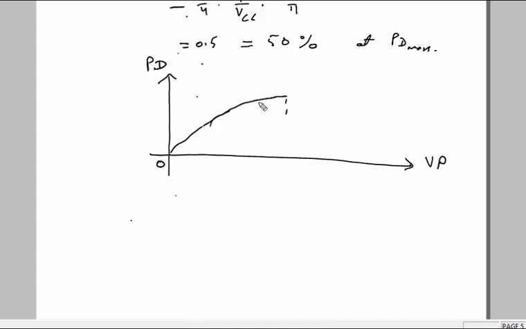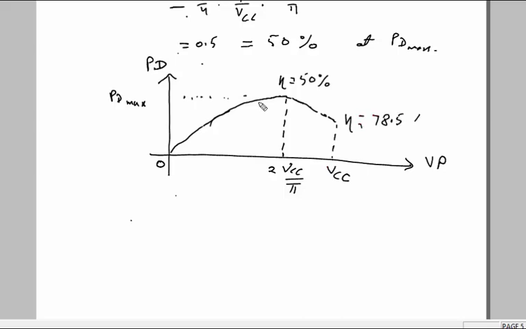And at this point where VP is 2 by pi VCC, which is the condition for PD max, here we are getting PD max, and here we are getting 50% efficiency. As VP is getting increased and reaches VCC, at that time we are getting eta equals 78.5%. Okay, so this is how we find out the power dissipation.